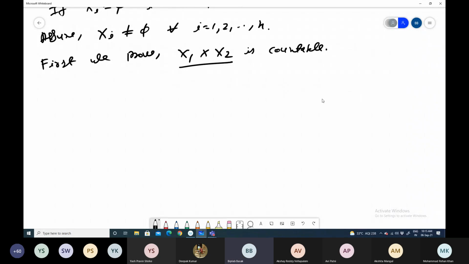Now, what are the elements of this? Now let x equal to. Okay, so we first prove that. Better to write in that way, or shall I write in that way? It is fine to write x1, x2.